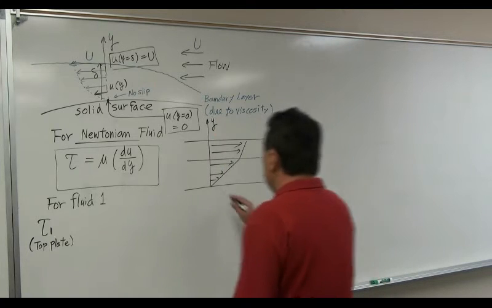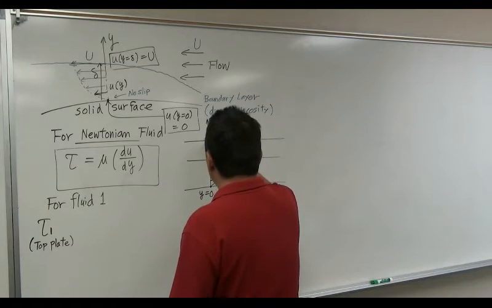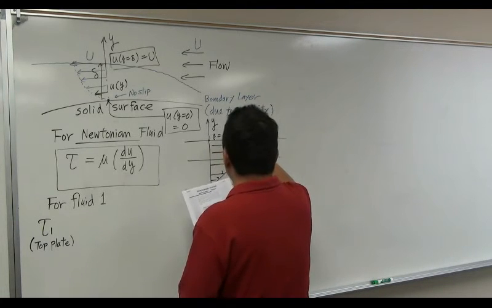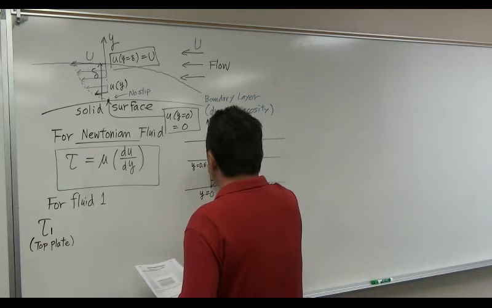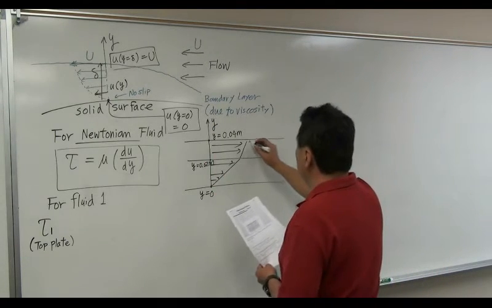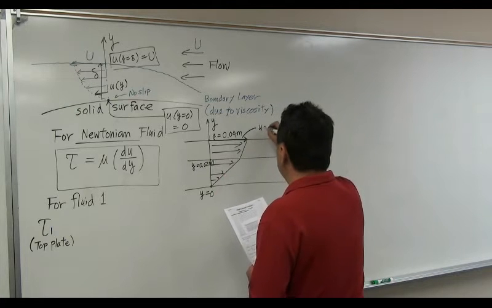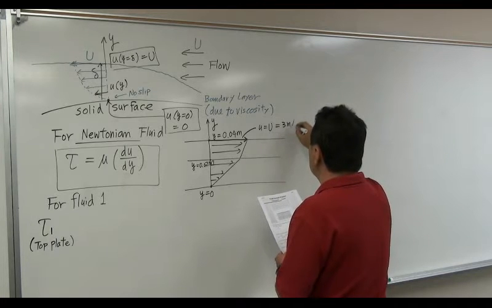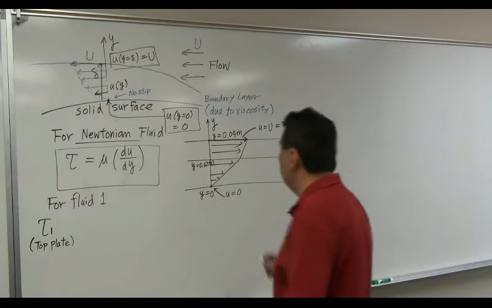So this is y equal to 0, y equal to 0.04 meter. Right here is y equal to 0.02 meter. This is the velocity u equal to u, which is 3 meters per second. Right here, velocity u equal to 0.